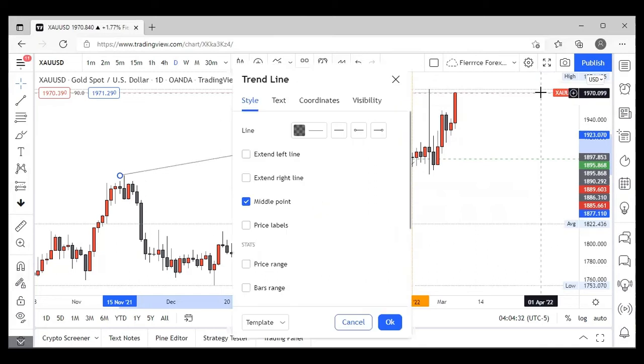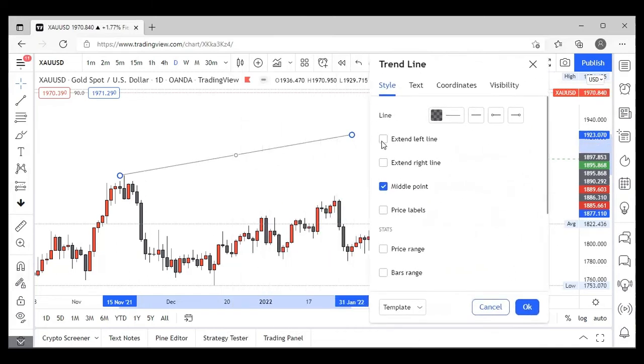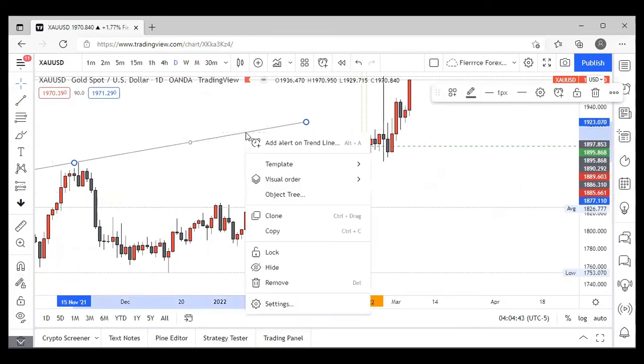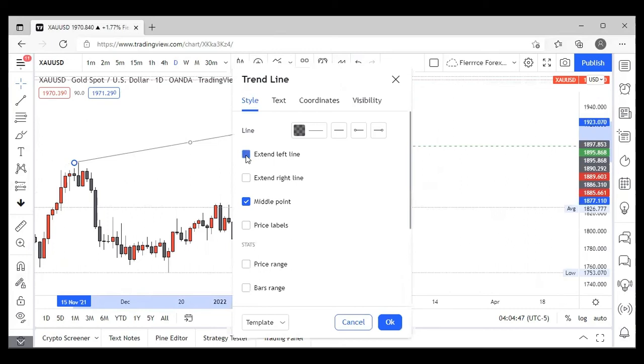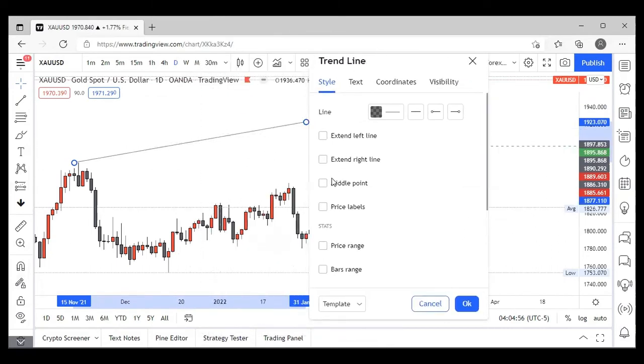Then when I come here to settings, I can do a bit more. I can extend it to the left, and I can remove that. I can extend it to the right, and remove that. I can remove the middle point that was there.